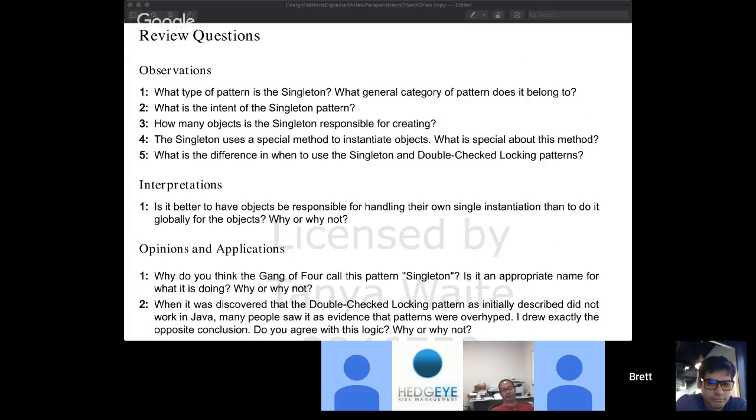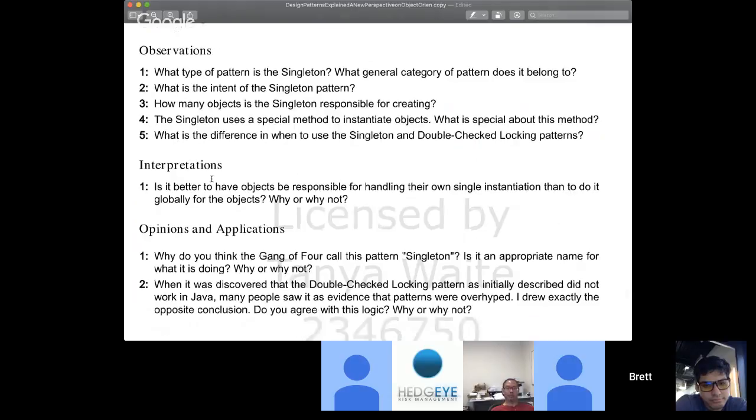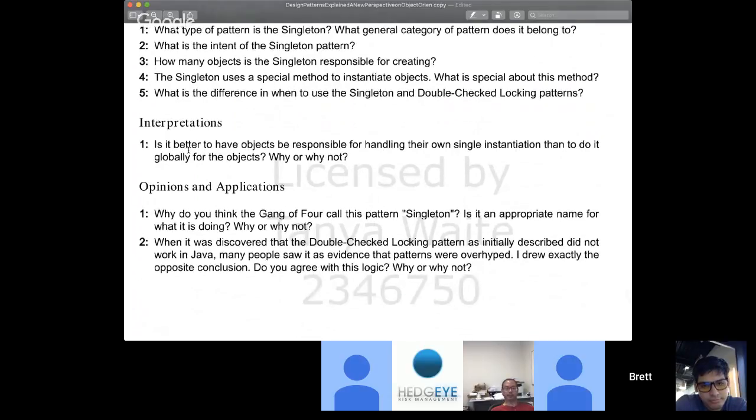All right. What is the difference in when to use the singleton and double check locking? It just has to do with multi-threading. Interpretations. Is it better to have objects be responsible for handling their own single instantiation than to do it globally for the objects? Why or why not? Of course, he says yes, it is better to have the objects be responsible for handling their own instantiation.